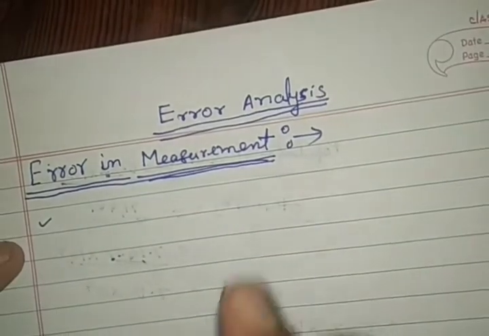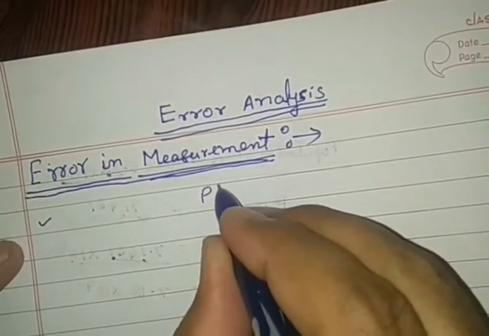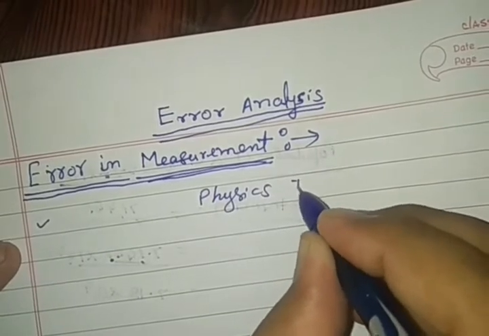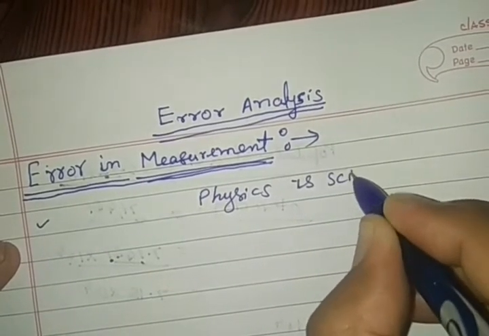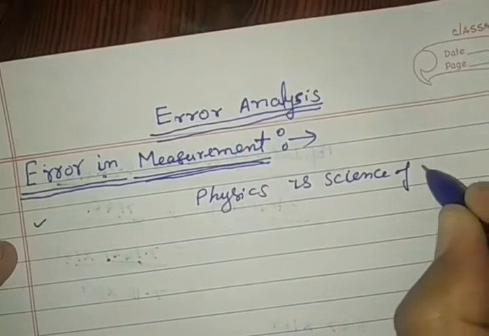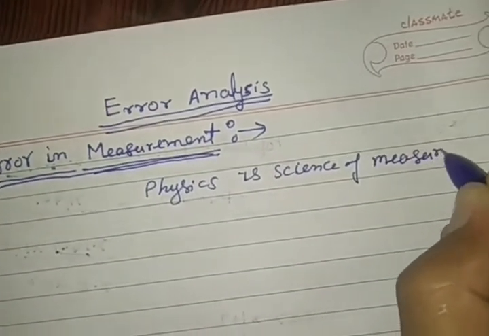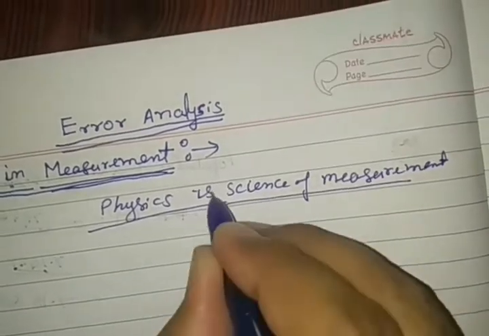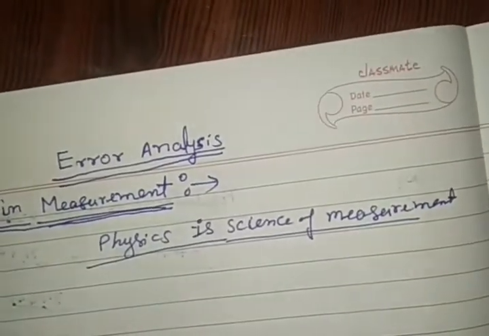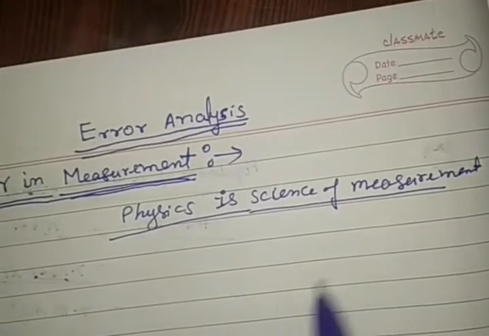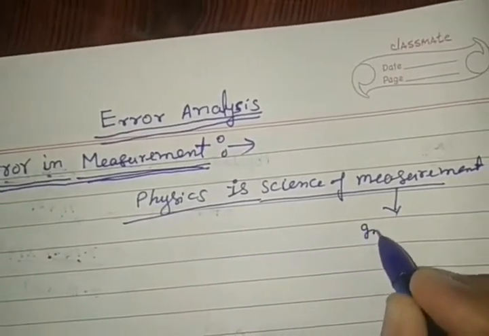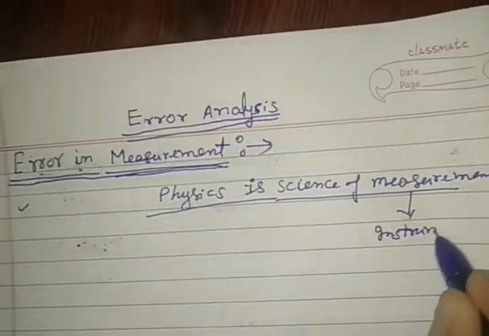Children, you know that physics is the science of measurement. Basically, in 11th and 12th class, physics is the science of measurement, and this measurement is obtained by instruments.